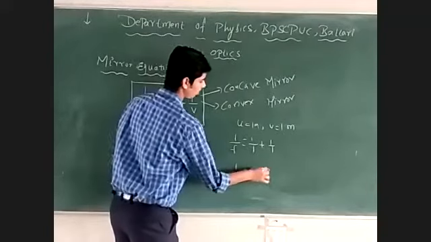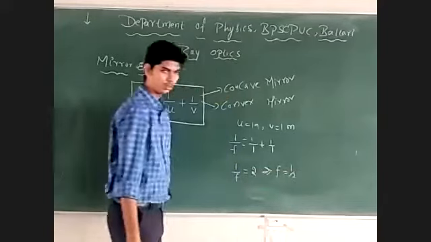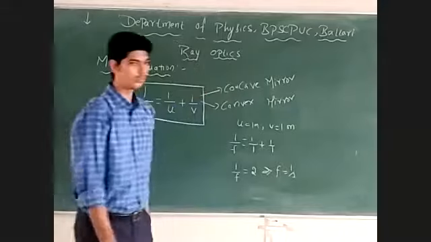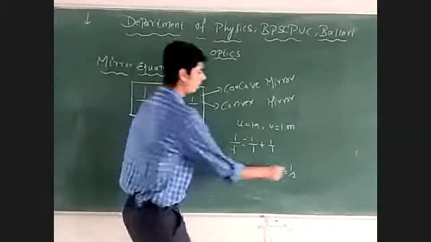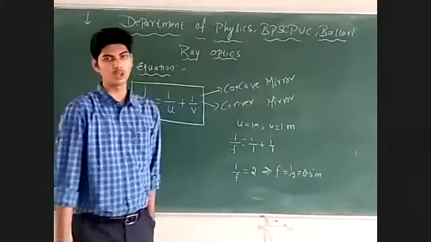This implies f is equal to 1 by 2, which can be written as 0.5 meter. This is the focal length of the mirror.